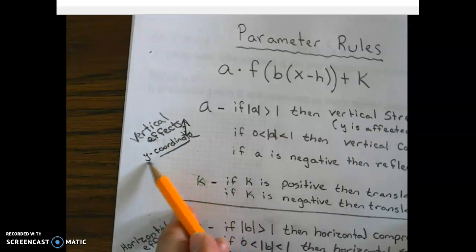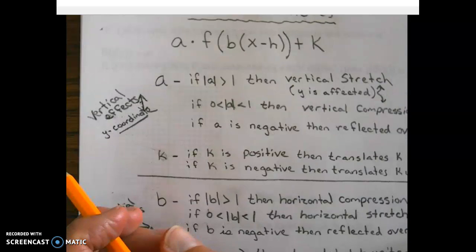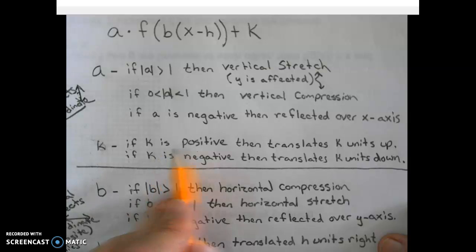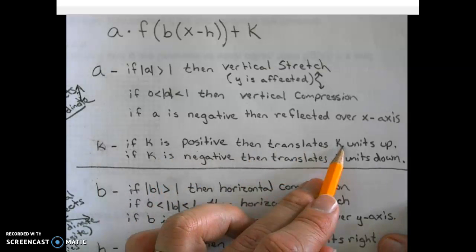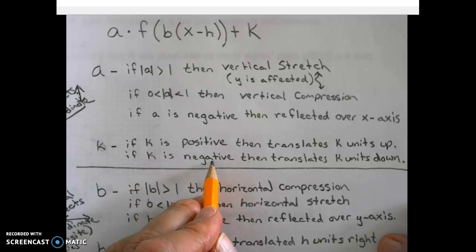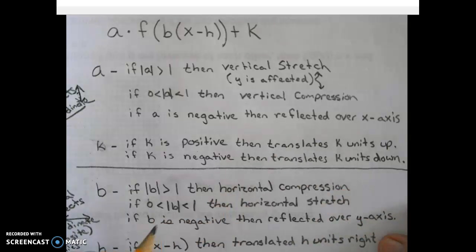In other words, it's going to affect the y-coordinate of the parent function. So the k value, as you've probably already learned, if k is positive, it translates k units up. If k is negative, then it translates k units down.